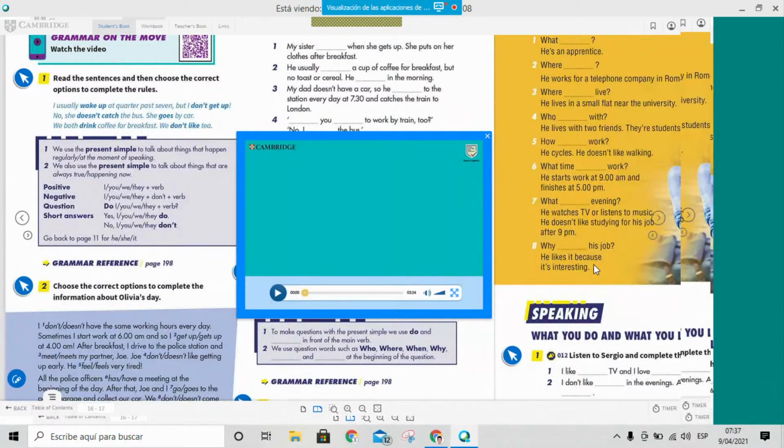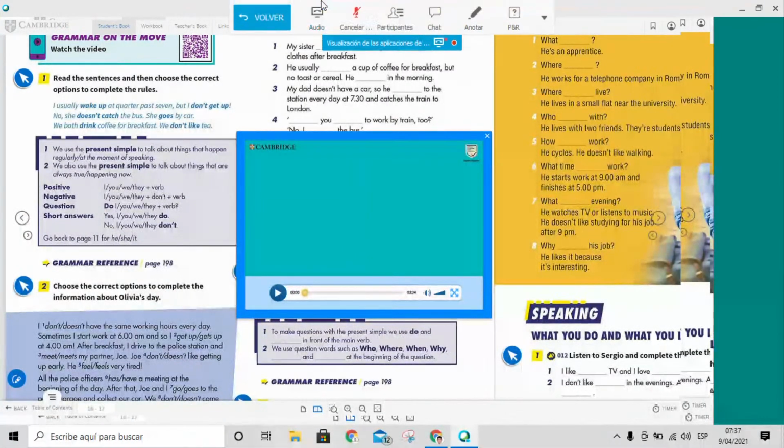Positive and negative sentences in the present simple are formed as follows. Notice that it is different if the subject is he, she, or it. Questions in the present simple are formed like this. For example, what time do you start work?